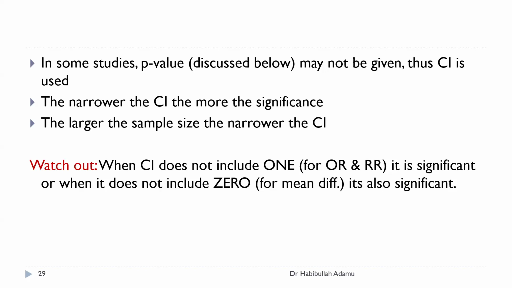If there is 0 in that range, then we say it's not significant. But if 0 is not included, then you conclude it is significant. This one is for mean. For odds ratio and relative risk, 1 is the null value. For mean, 0 is the null value. But the procedure of interpretation is the same.